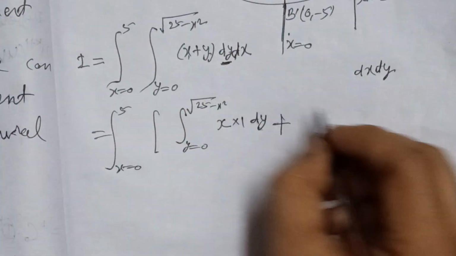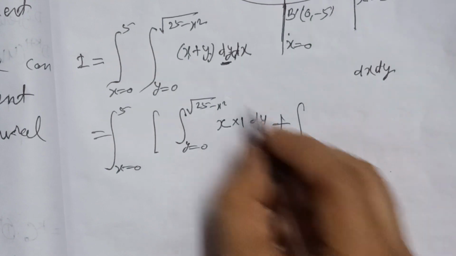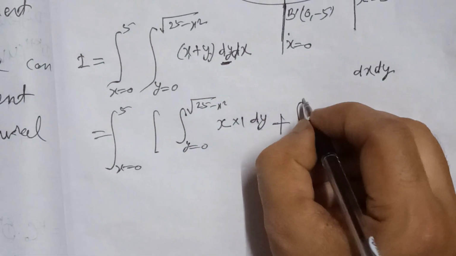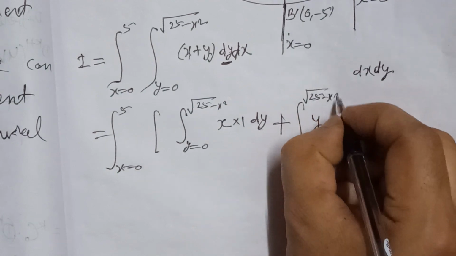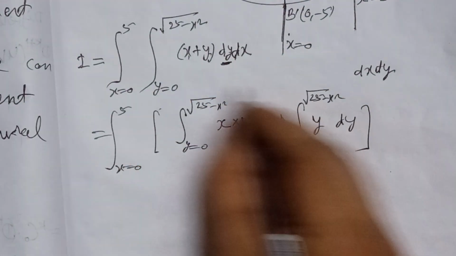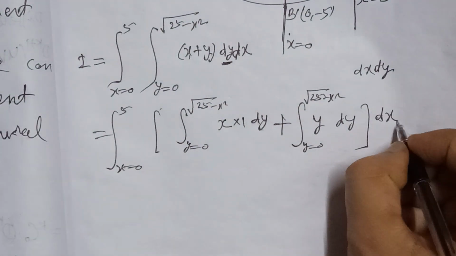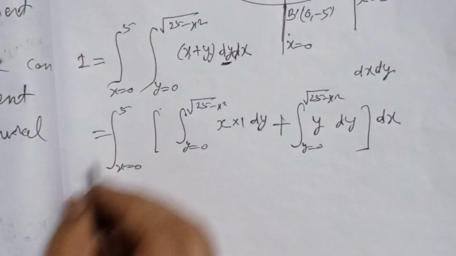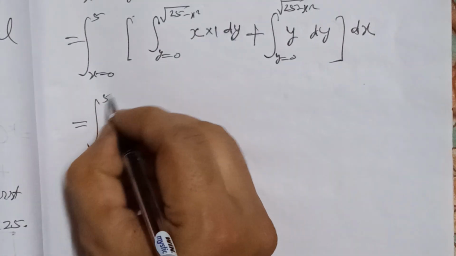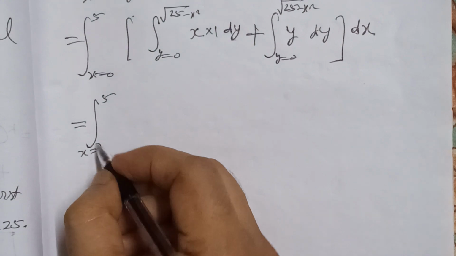Then we integrate the y term with y from 0 to square root of 25 minus x square with respect to y, close this bracket, and this value will be integrated with respect to x from 0 to 5. This 0 to 5 is the limit of x for integration.